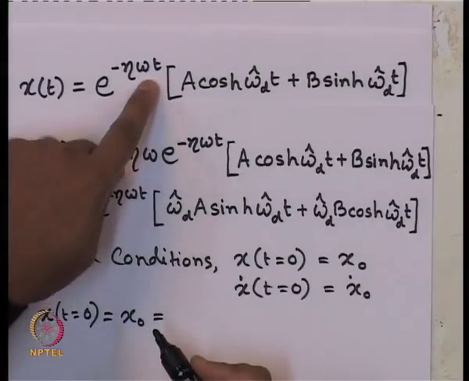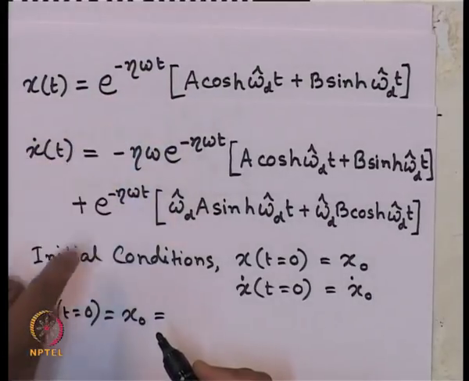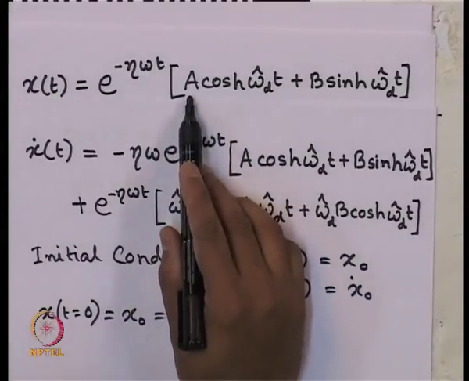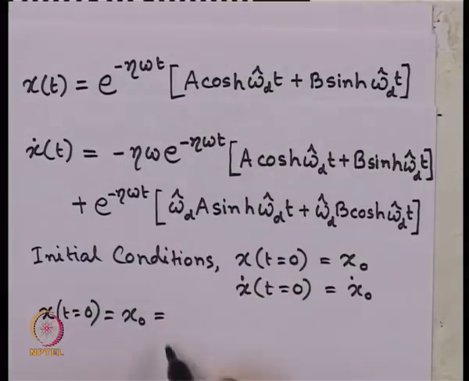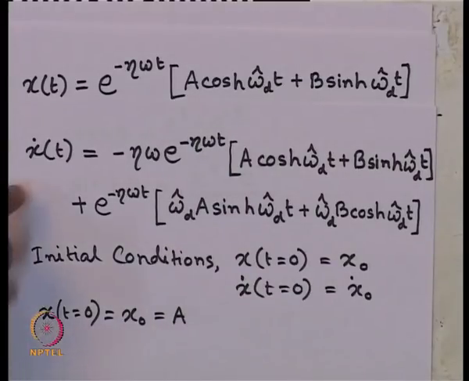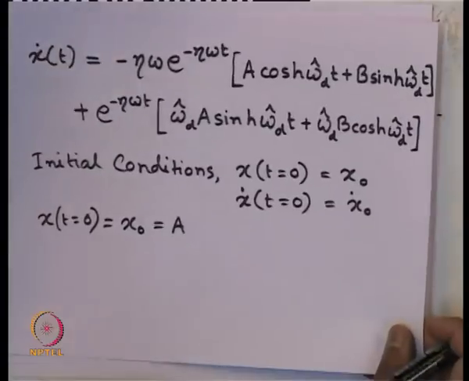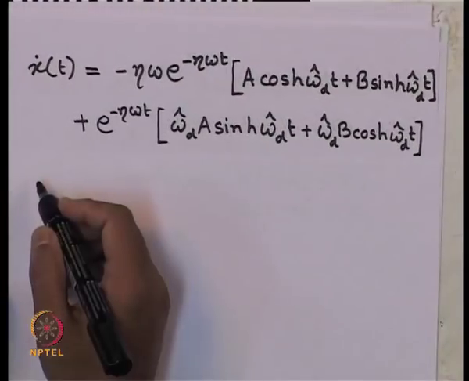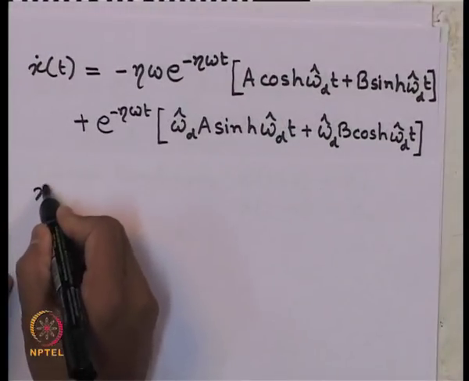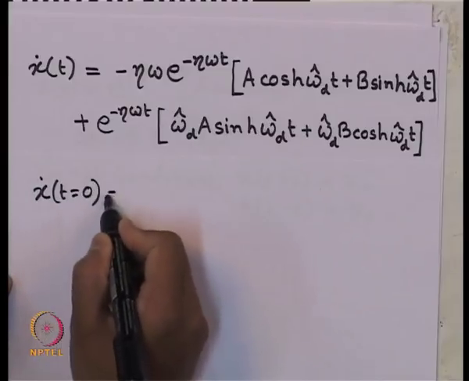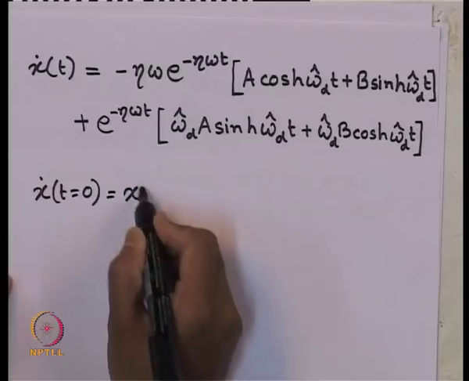If we put t equals 0 here, this becomes 1, this also becomes 1. So, a remains, this vanishes. So, this is only a. And in the second expression, now we will put t equals 0. Let us see what we will get. So, now we are putting x dot at t equals 0, which is x naught dot.